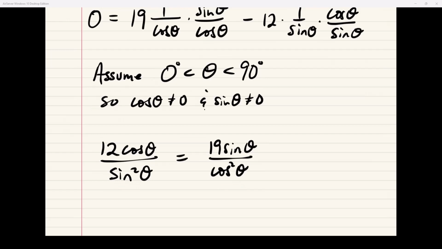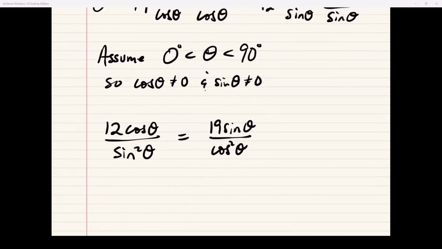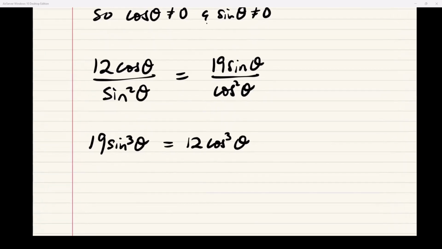Rather than just multiplying both sides by the common denominator, the result is the same as if you cross multiply these. So we end up with 19 sine cubed theta is 12 cosine cubed theta. Under the assumption that sine and cosine are not 0, we can reach this equation.